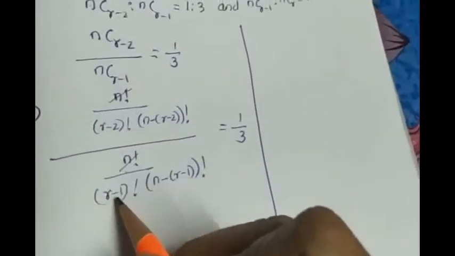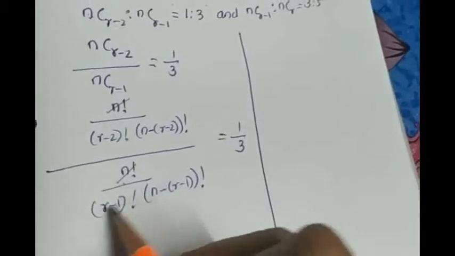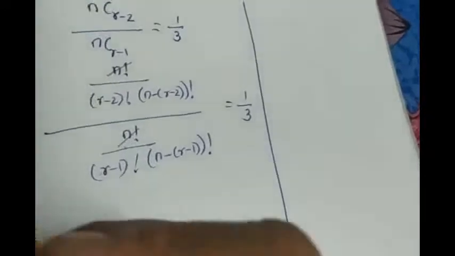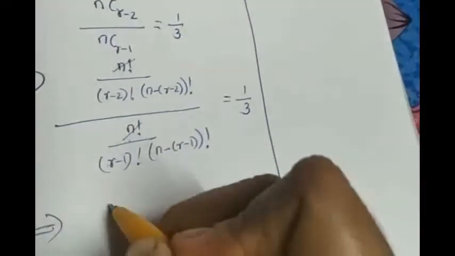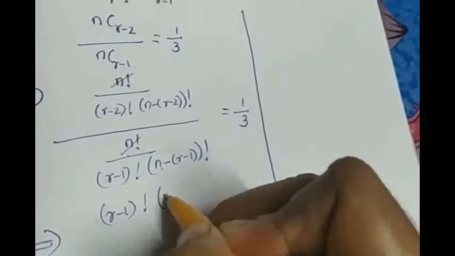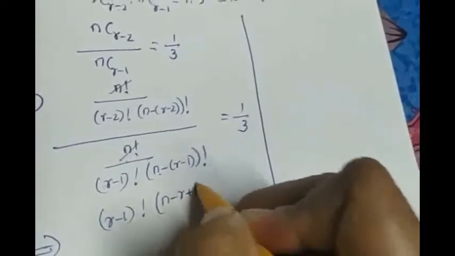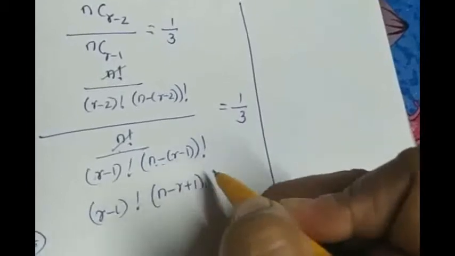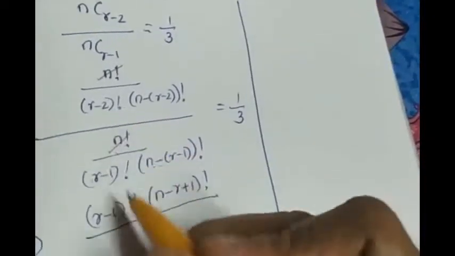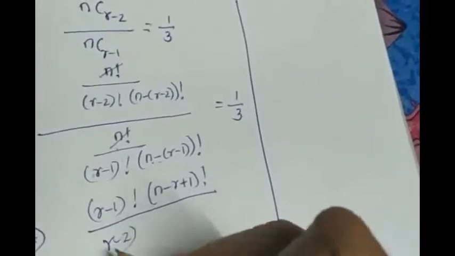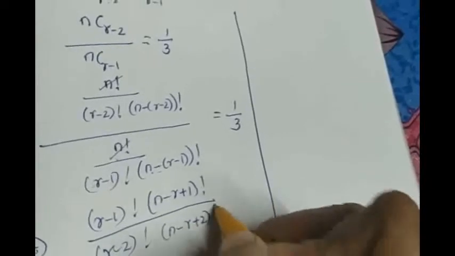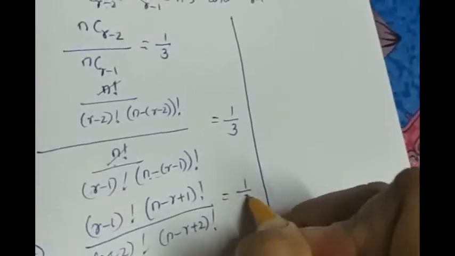And this is the denominator of the denominator, so taking the reciprocal, this term goes to the numerator. We get the left side as (r-1)! into (n-r+1)! divided by (r-2)! into (n-r+2)!, and we got the value 1/3.